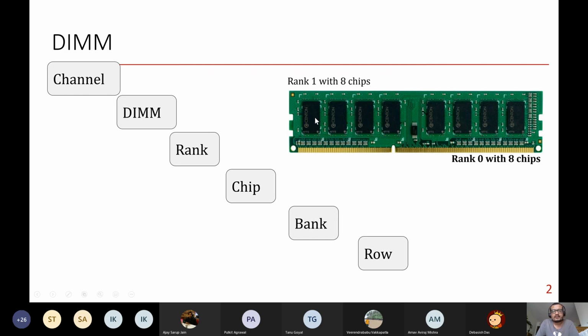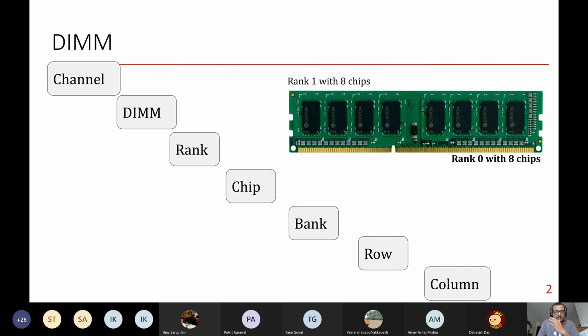And each of these DRAM chips is organized in the form of banks, which is nothing but a 2D structure consisting of rows and columns. Whenever we get a request from the processor, it goes through this notion of hierarchy to get the data from memory, and then eventually it sends it back to the processor. So we will see what exactly happens on a request, but this is the typical hierarchy.